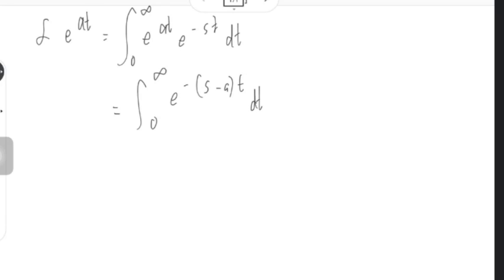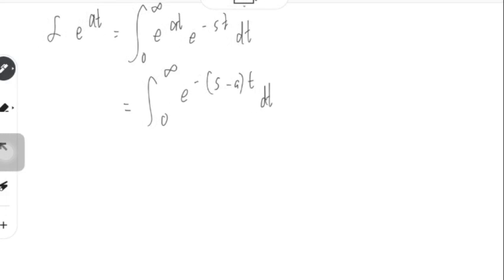Now, the integral of e to the u du is e to the u, provided that u is the exact derivative. In this case, your u is negative s minus a, and the first derivative, negative s minus a dt. But since we lack negative quantity s minus a, we multiply and divide.